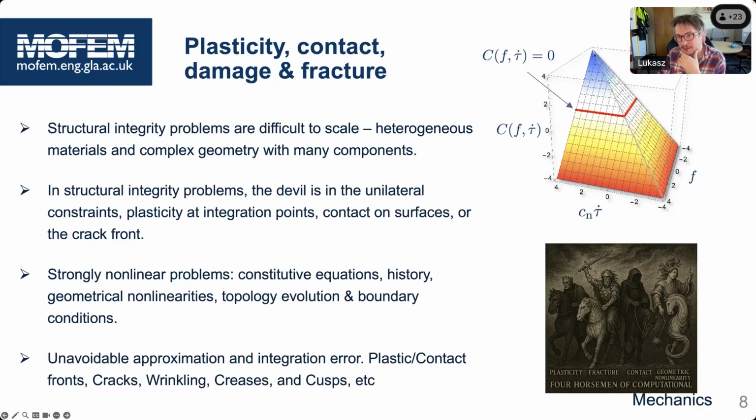So this is a kind of active set. In one case, you prescribe the displacement. This is the plane of the prescribed displacement, and this is the plane of zero tractions. Yeah. Right. Thanks, Mike.